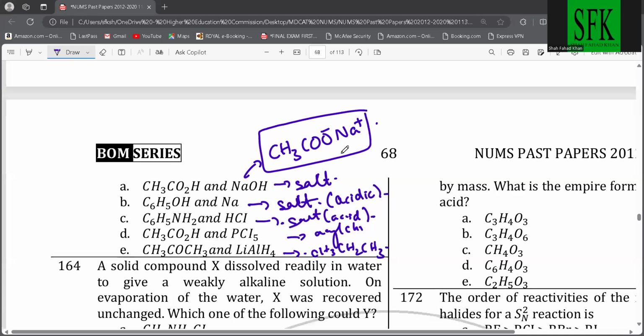So not exactly neutral. It's only the last option that gives us a compound that's neither acidic nor basic. Okay, so I would go with E.